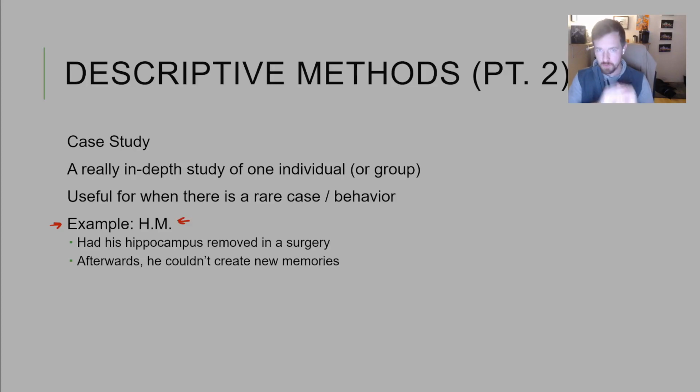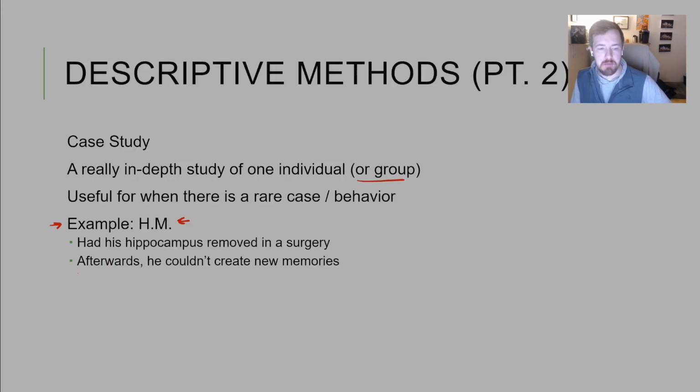So if there's some rare kind of behavior, like serial killing, or sometimes people will do this with groups of individuals, like looking at cults, for example. Cults would have case studies because there's not very many of those cults, so we want to know more about them. And actually, the word cult is derogatory. If you're doing that kind of research, people usually call it a new religious movement, just so you know.